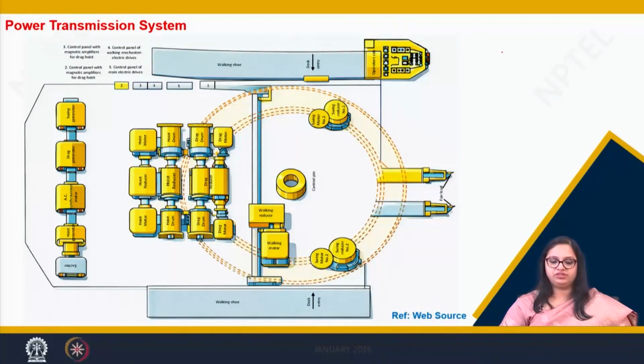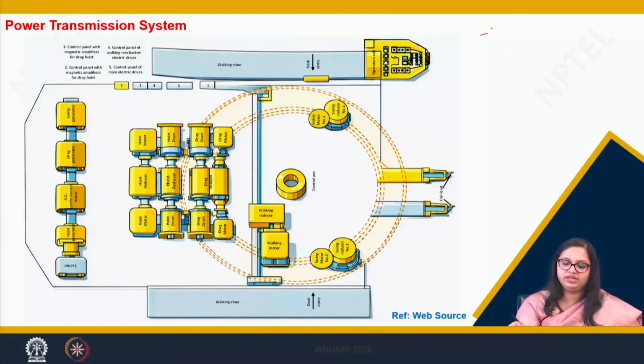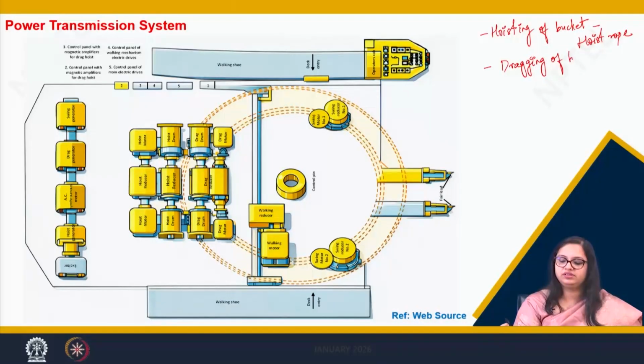Now, coming to the power transmission. As we understood, there are few mechanisms that are happening. One is the hoisting of bucket, that happens by hoist rope. Then there is dragging of bucket, which happens by drag rope.